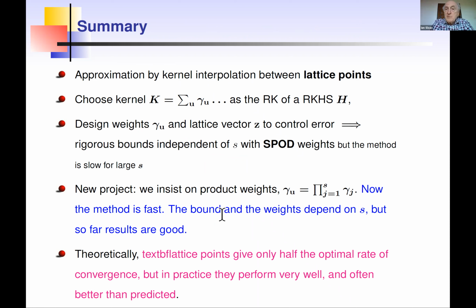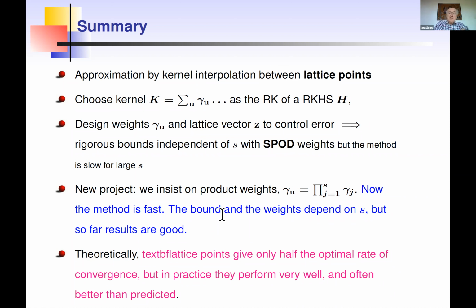Our kernel is the reproducing kernel of a specific reproducing kernel Hilbert space H, which is a mixed derivative space of order alpha on the torus. We design weights and lattice vector Z, both these things, to control the error, and we finish up with rigorous results that, independent of dimension, even if we use our complicated weights, but that method is slow for large S.